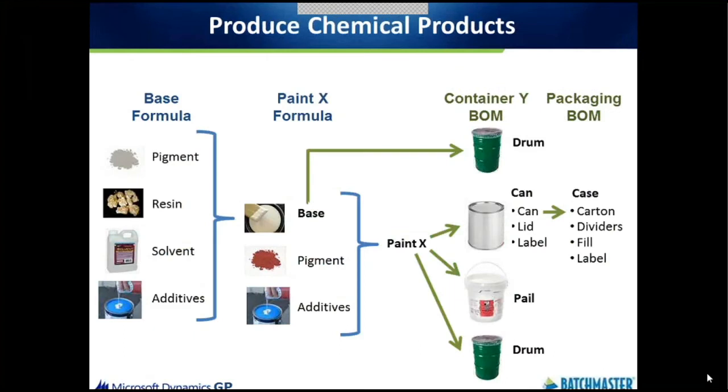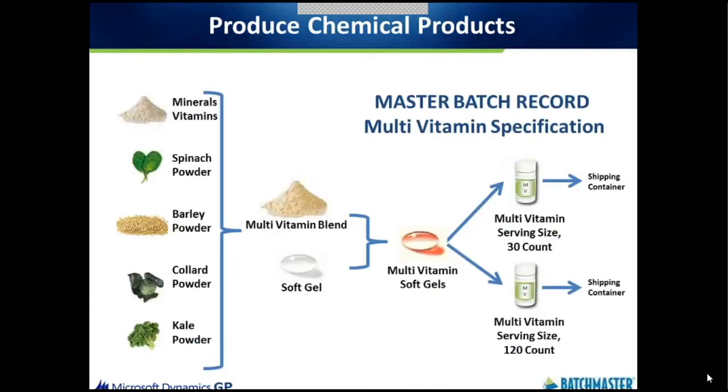Another example, chemical products, where a base formula feeds a particular colored paint, and that could be put into multiple configurations as well. And then in Nutra and Pharma, we deal with soft gels, capsules, liquids, tablets, and again, you could have an intermediate that feeds a particular formula that's put together into multiple packaging configurations.